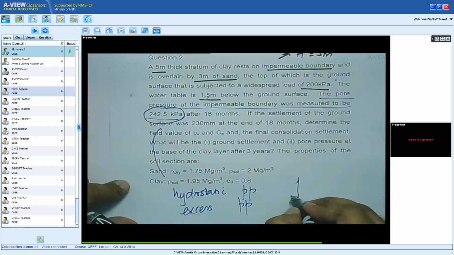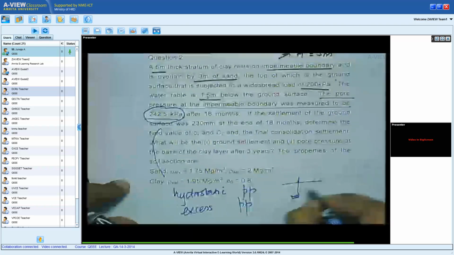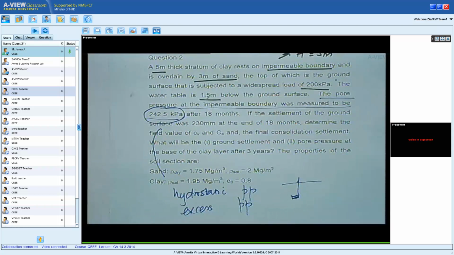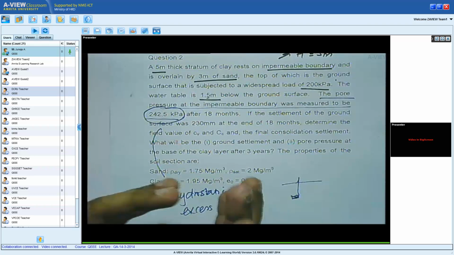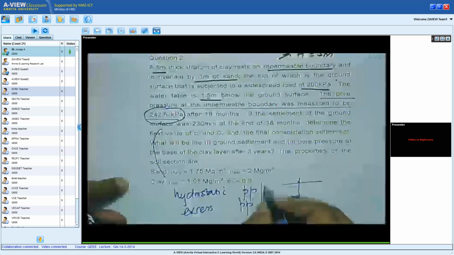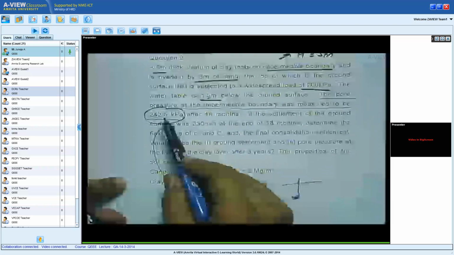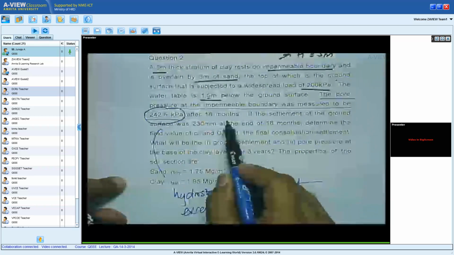If I have a transducer buried in the ground, and this measures the pore water pressure, I cannot separate the excess pore pressure from the hydrostatic. The instrument will measure both things together. So it measures both hydrostatic as well as excess, which is 242.5 at 18 months.